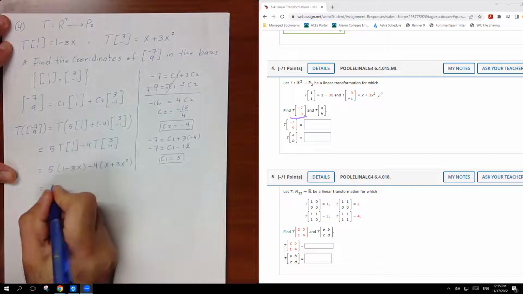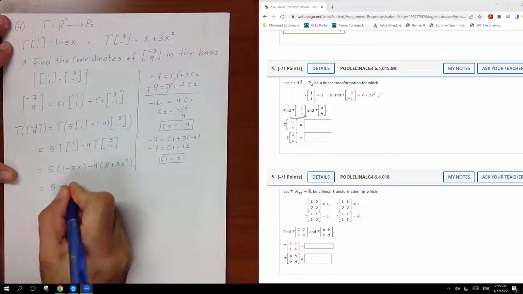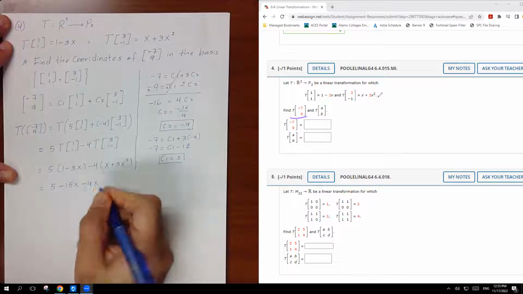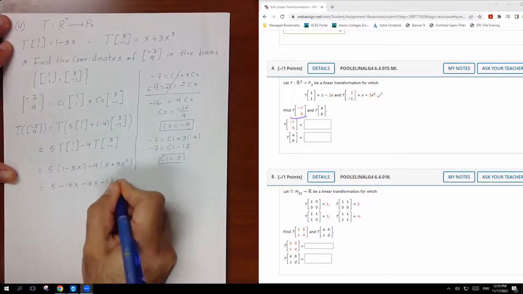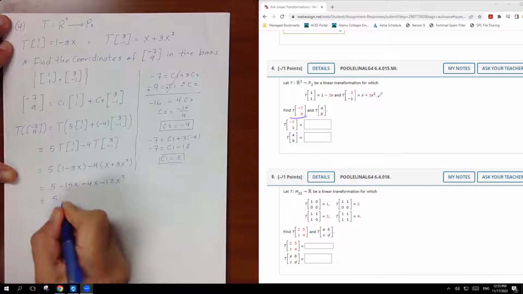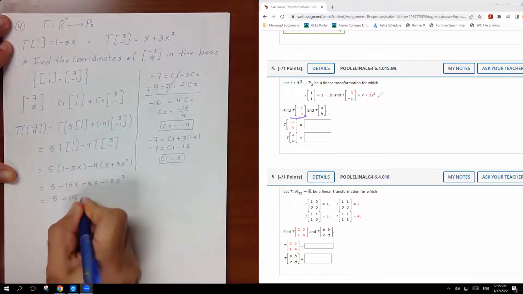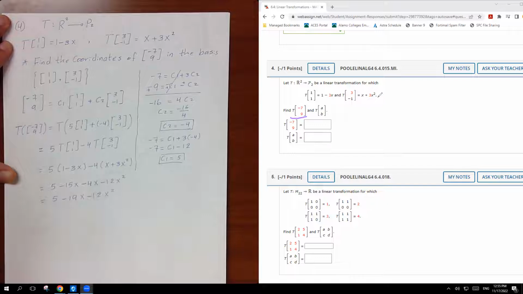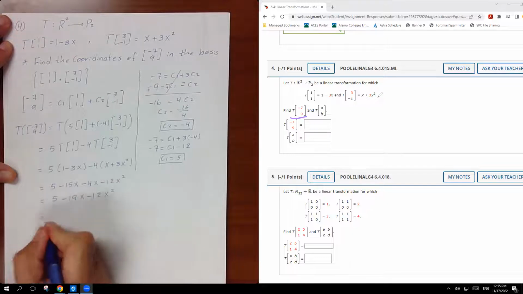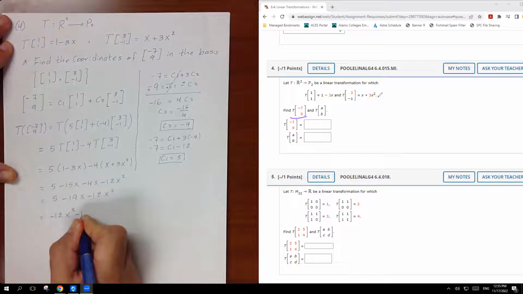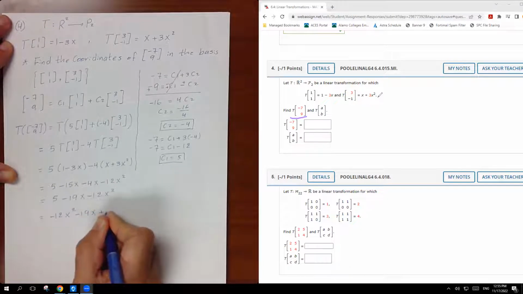That means this one is going to be equal to, distributing here, 5 minus 15x, and here it is minus 4x minus 12x squared. Combine the like terms, so it's going to be 5 minus 19x minus 12x squared. I'm going to write it from the highest exponent to the lowest one. So it's going to be negative 12x squared minus 19x plus 5.